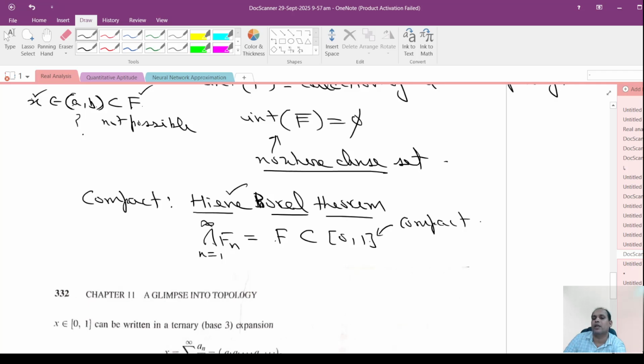Every real number greater than or equal to 1 is an upper bound, and every real number less than or equal to 0 is a lower bound for the Cantor set. This means the set is bounded. The Cantor set is bounded, and earlier we have proved that it is also closed. So as per the Heine-Borel statement, the Cantor set is compact.